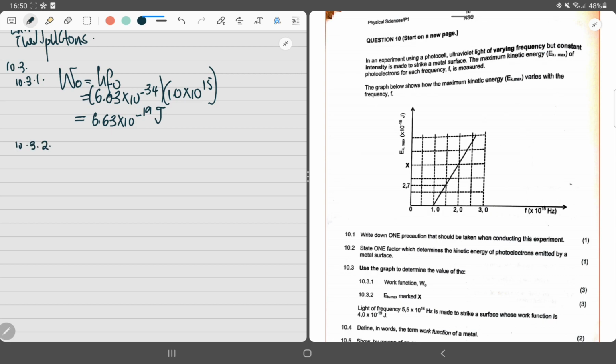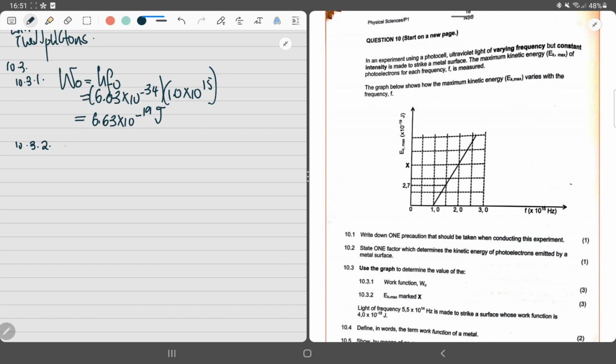10.3.2. So now we need to use the graph to find the kinetic energy at X. There's a couple of ways to get the answer. Let's look at each.